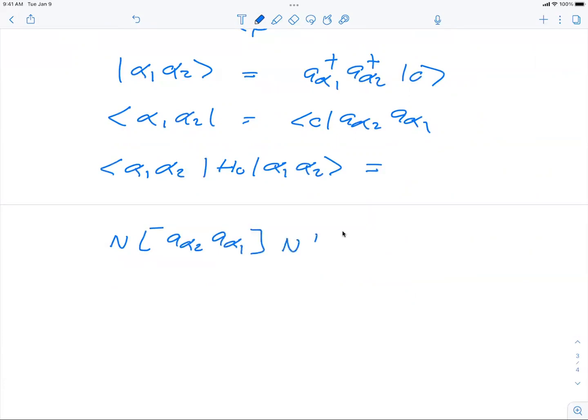And then I have a normal order product of A alpha dagger, A beta, multiplied with the normal order product of A alpha 1 dagger, A alpha 2 dagger here. And then, yeah.